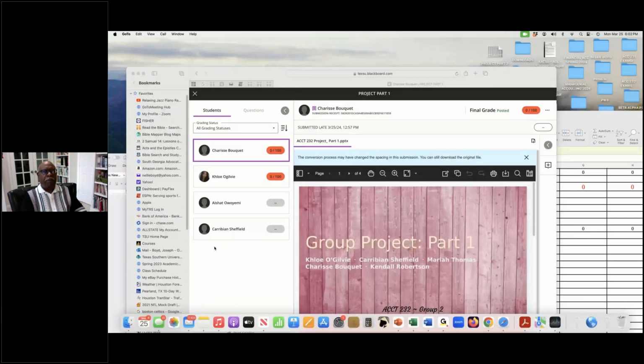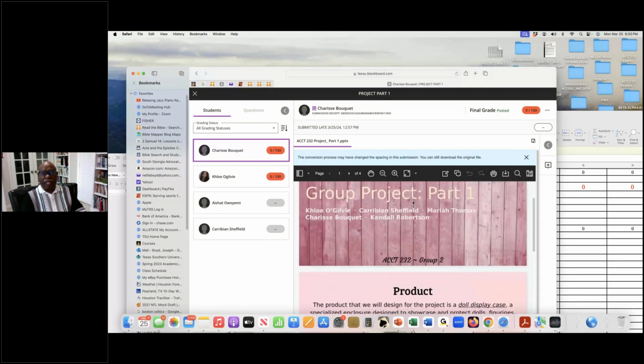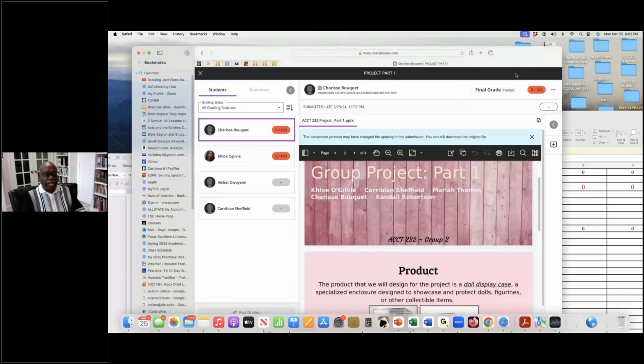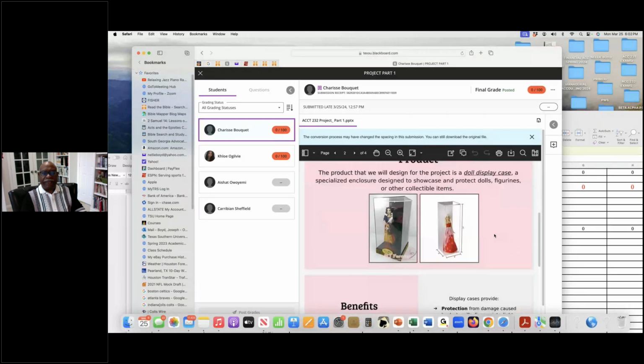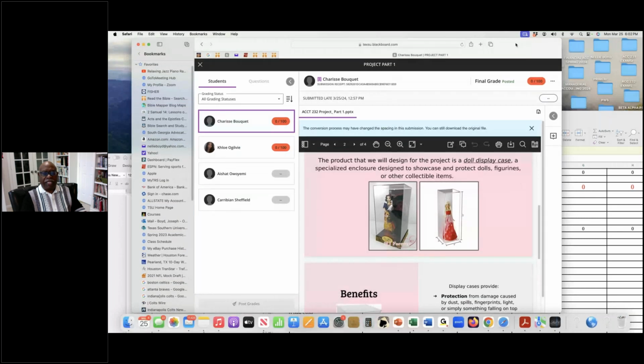And what I have pulled up are the projects that have been submitted. So we have group 2, and they are making a doll display case. Can you see this okay? Yes. Okay.